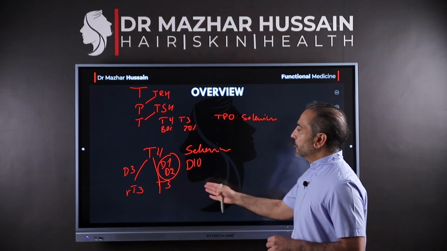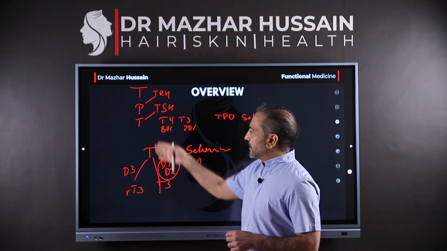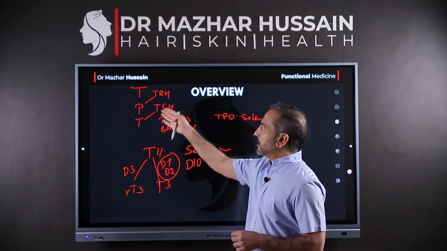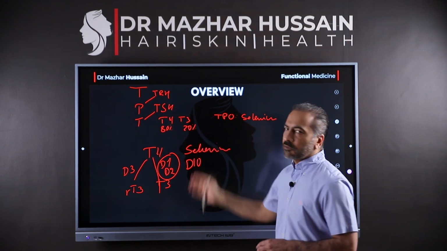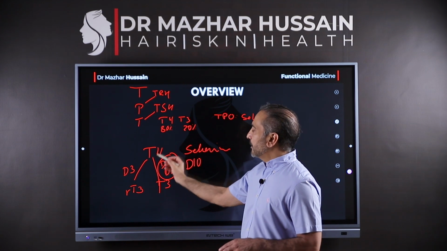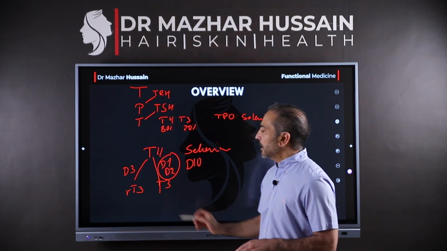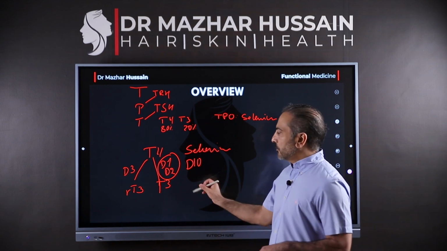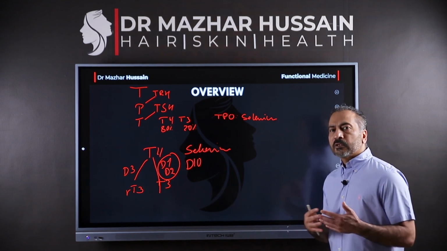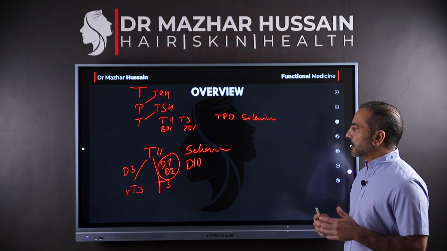And then even if you have all of this fine, you have TSH fine, the production of T4 and T3 is fine, and you then have sufficient conversion from T4 to T3, even in that case, T3 has to work on the nuclear membrane and the cell.